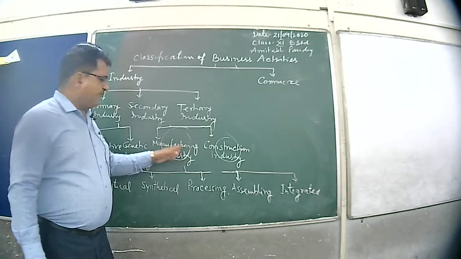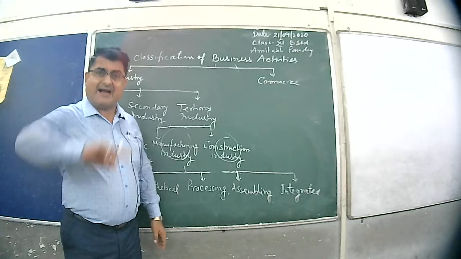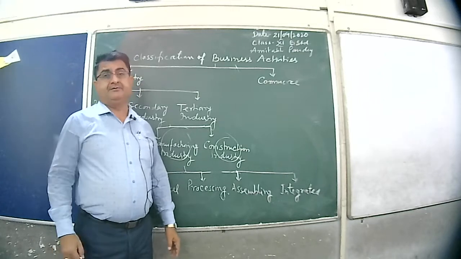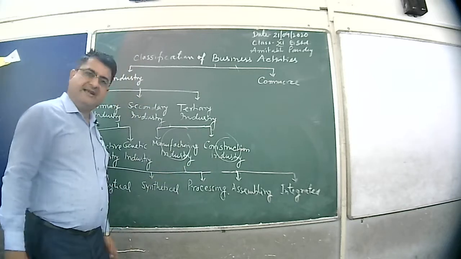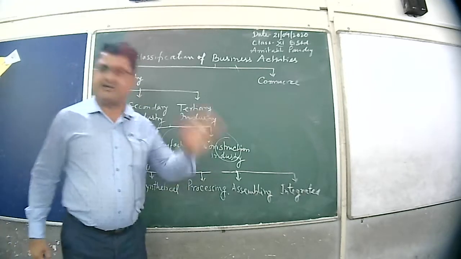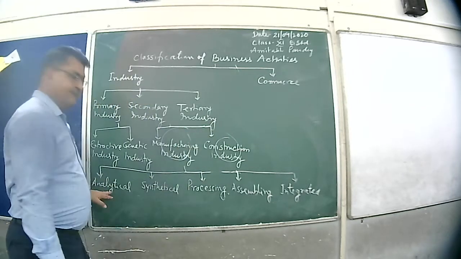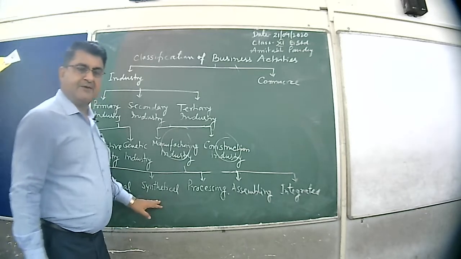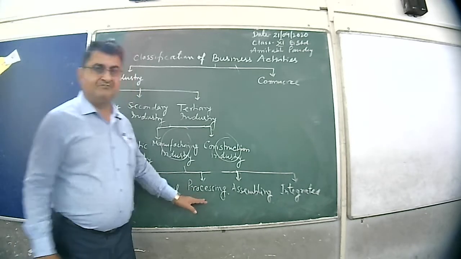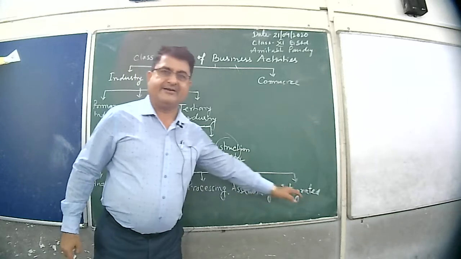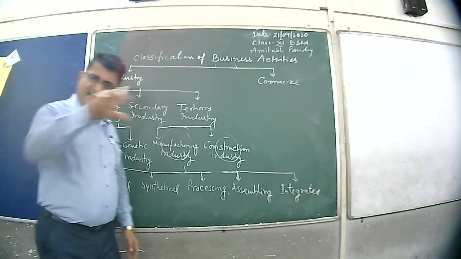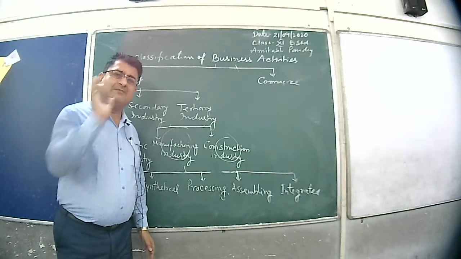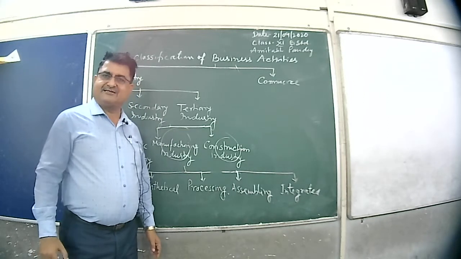Now, manufacturing industry, where actual transformation of input into finished product happens, mainly performs five manufacturing processes. These are the analytical process, synthetical process, processing, assembling, and integrated. What do I mean? Analytical: analysis of a finished product from input raw materials.